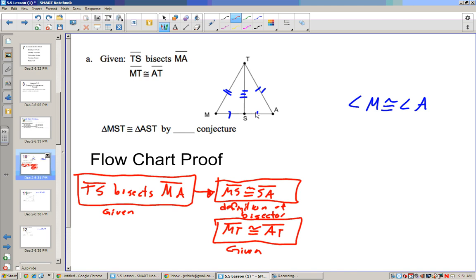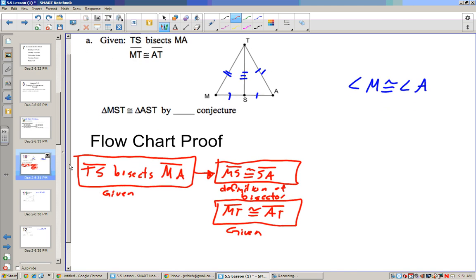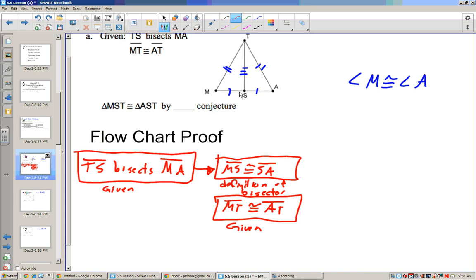Because a bisector will cut it in half, so we know that has to be congruent to that. Now our third piece of evidence that we can use is that TS is congruent to TS. Now it seems kind of silly to say, but since that segment is in both triangles, we have to state that it's the same. And the reason, we'll just write same segment.